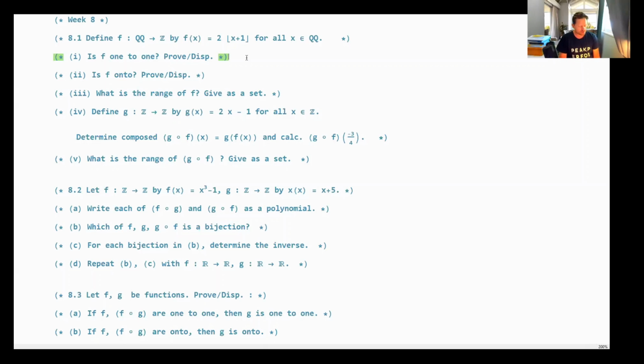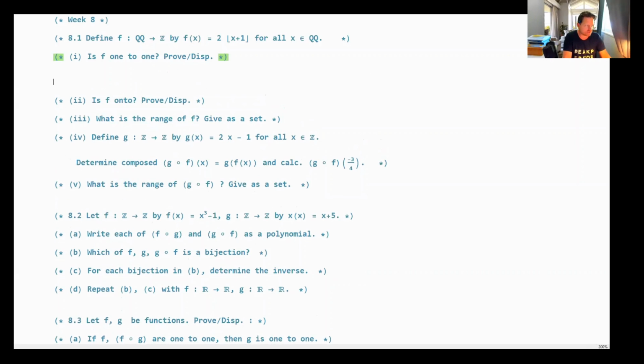Okay, so what we want to do here is basically assume that f of x1 is equal to f of x2, and then we have to show that x1 equals x2, right? So let's just set this out as a general technique.